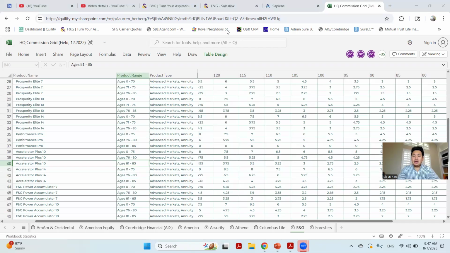Please give the definition again between qualified and non-qualified annuity. Yeah. So qualified means that it's a government qualified retirement account that is in a tax deferred status. So a 401k, IRA, 403b, things like that. So the client has not paid taxes on that money yet, and that is a qualified rollover.